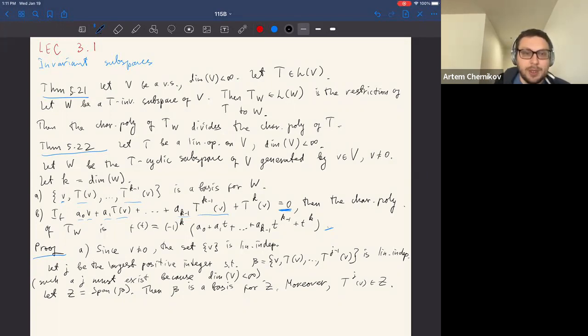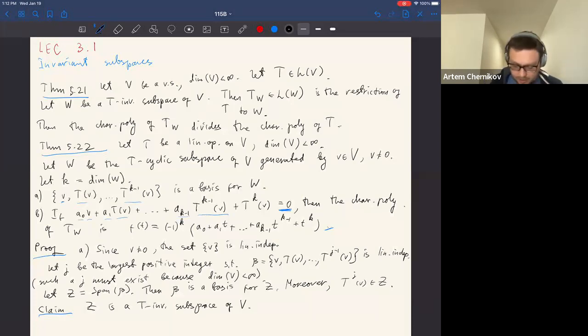All right. So now we have to understand this Z a little bit. So the first claim is that Z is a T-invariant subspace of V. We know Z is a subspace, so we want to check that it's also T-invariant in addition.